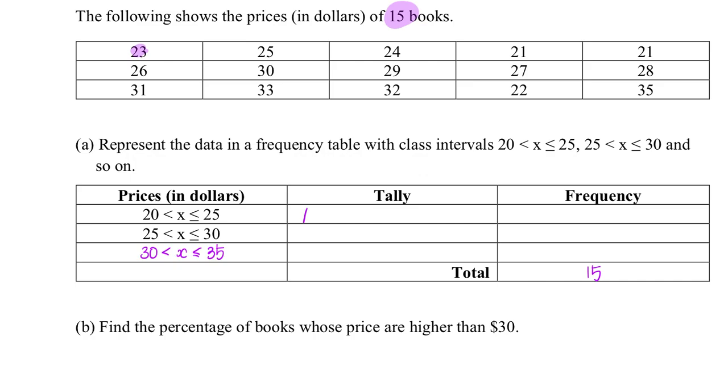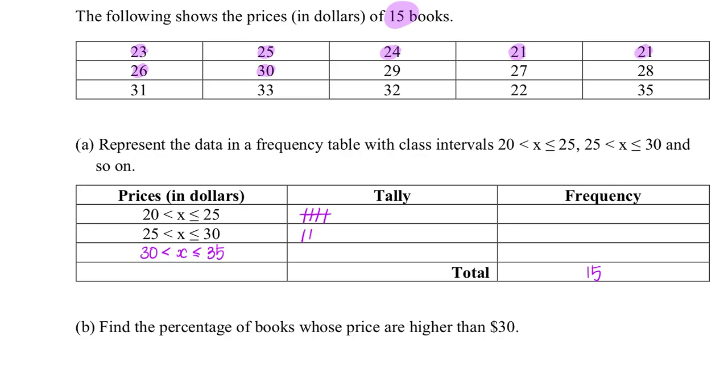And let's continue. 25 falls in this class interval. 24 here also. 21 is here. 21. 26 now falls in the class interval of larger than 25, less than or equal to 30. So it's here.